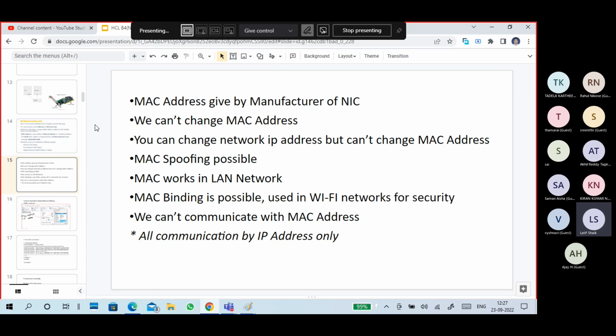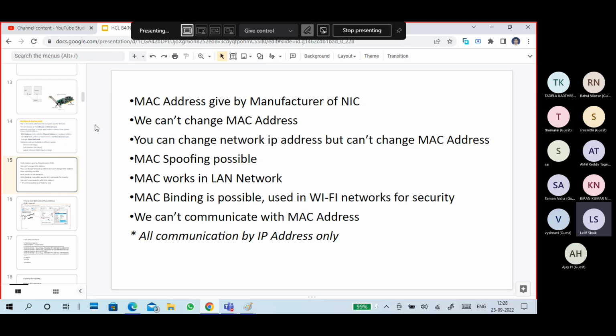How is it possible? Because it is given by the manufacturer. The MAC address contains the manufacturer ID and series, two parts. So the MAC address cannot be changed.